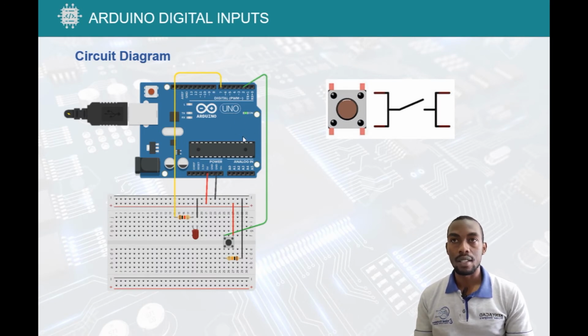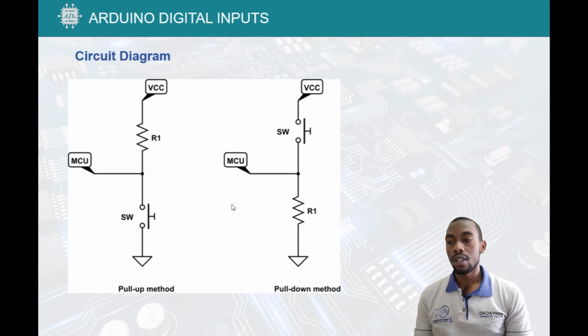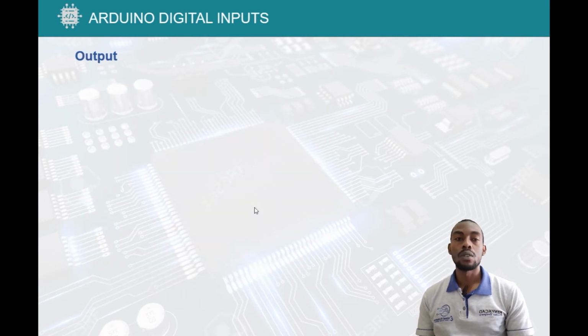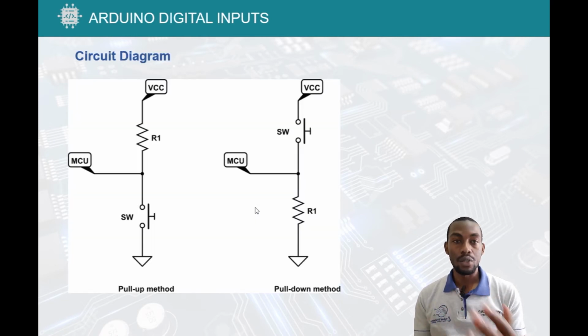This resistor is serving as a pull down resistor so that the initial state of the button is low, that's the ground. That's why it's connected on the ground side. So that is it. Now let's move to the Arduino IDE so that we can program this and see the output.